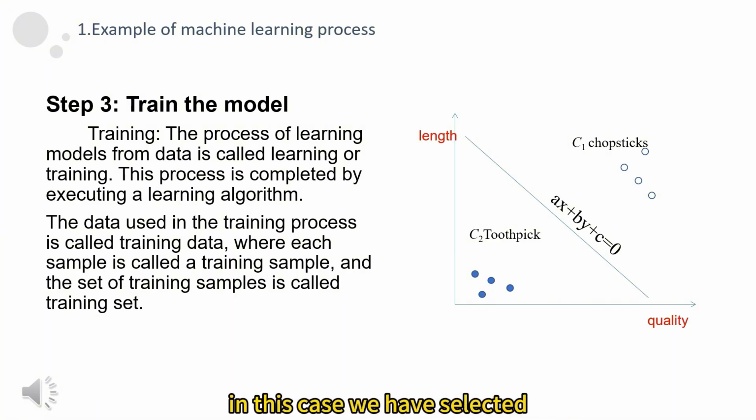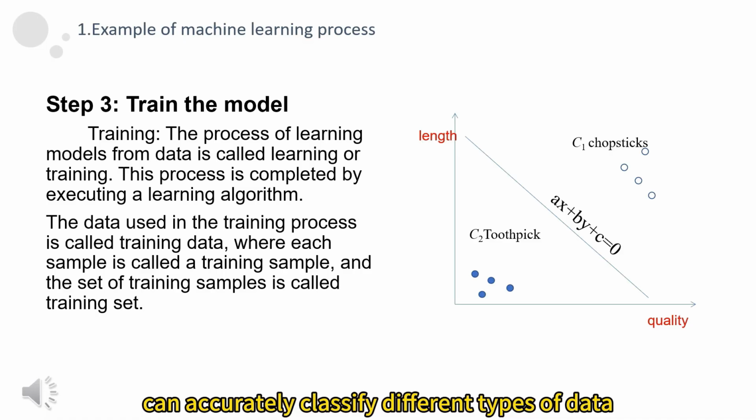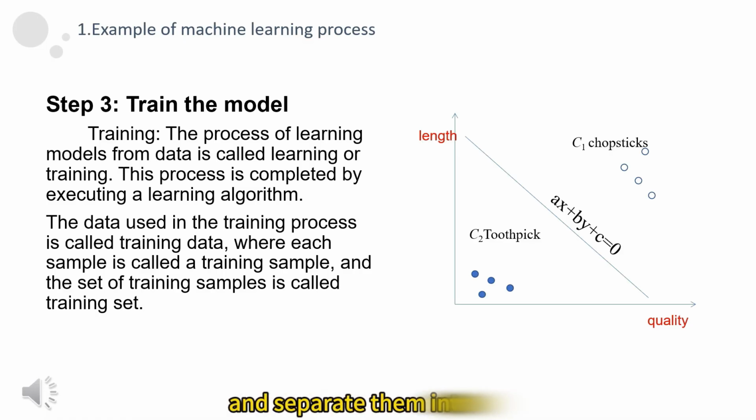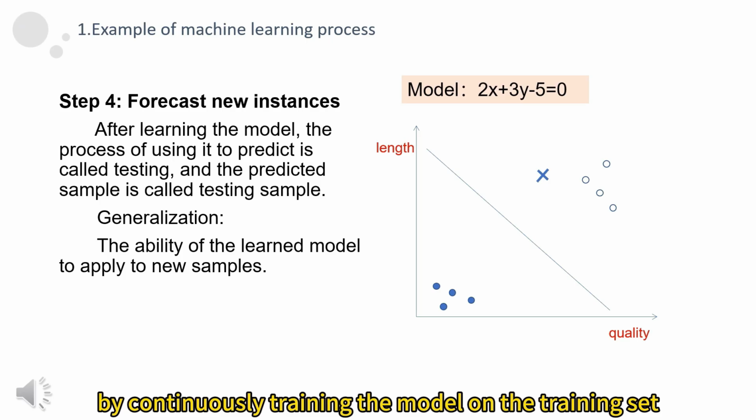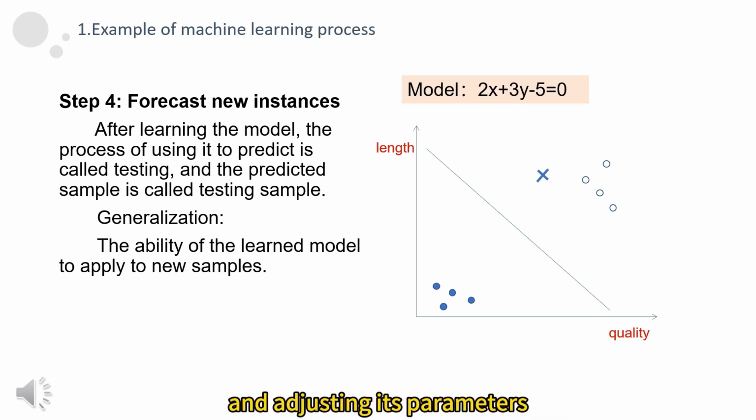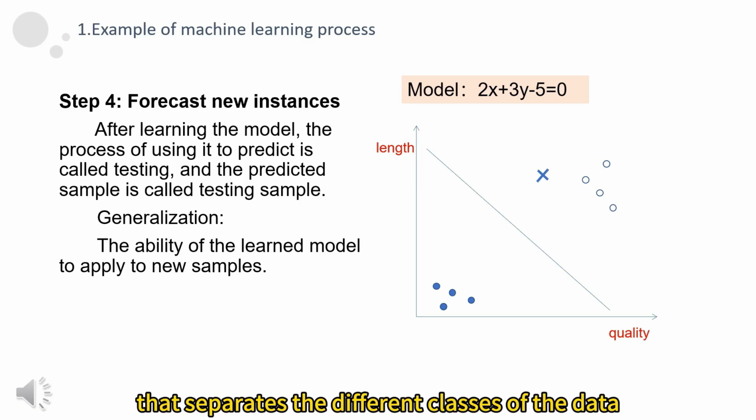In this case, we have selected a specific model for training. Our goal is to ensure that the classifier can accurately classify different types of data and separate them into their respective categories as much as possible. By continuously training the model on the training set and adjusting its parameters, we eventually obtain a line that separates the different classes of the data.